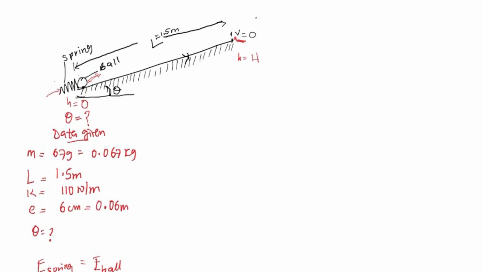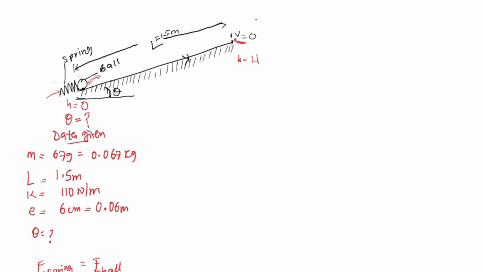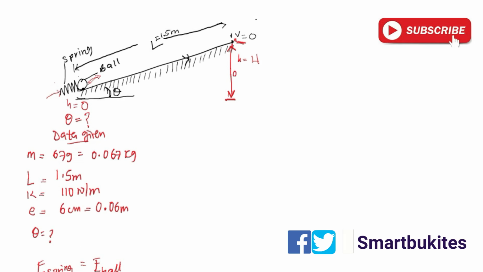Now from the diagram here, the height 0.3 meters is the height from ground level, the maximum height the ball reaches. So this is 0.3 meters.